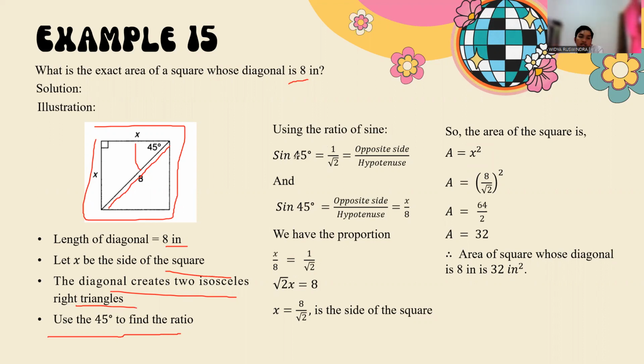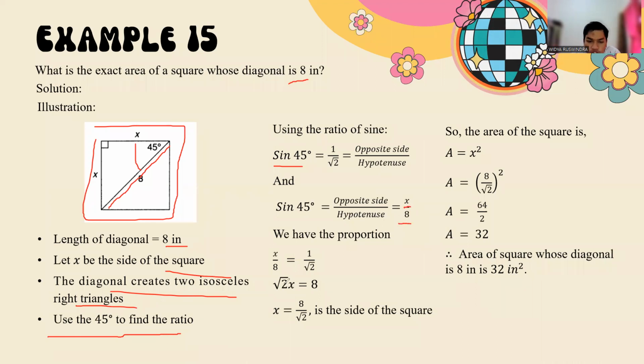So using the ratio of sine, sine 45 degrees is 1 over square root of 2, which is equal to the opposite side over the hypotenuse. And from the illustration, sine of 45 degrees is the opposite side over the hypotenuse, which is x over 8.